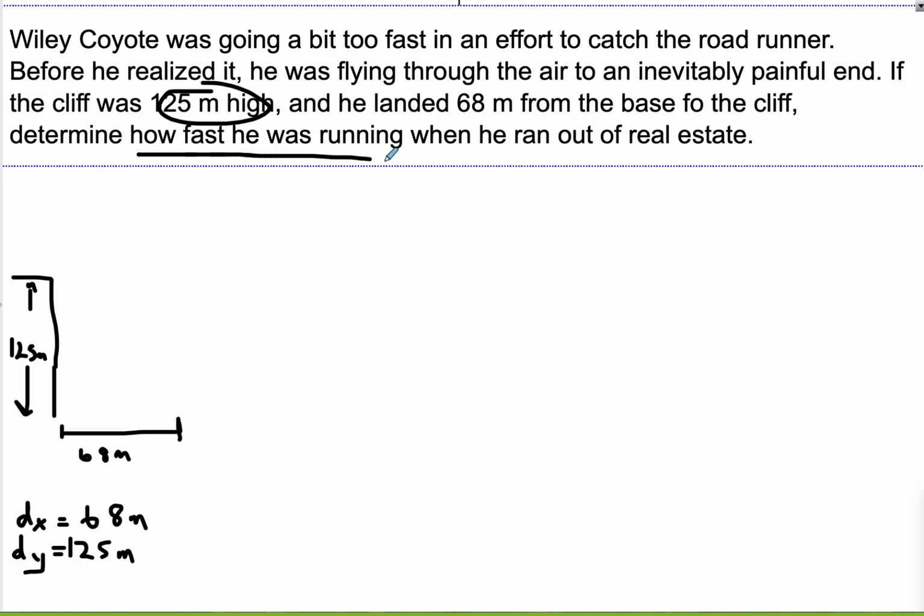It's how fast was he running when he ran out of real estate. So how fast was he running when he got to this point right before he fell off the cliff? Wait, Mr. V, is it asking for the VX? Yes, it is asking for VX. So VX is going to be the speed that he was running at the very beginning. He was running horizontally right off this cliff, so that is VX.